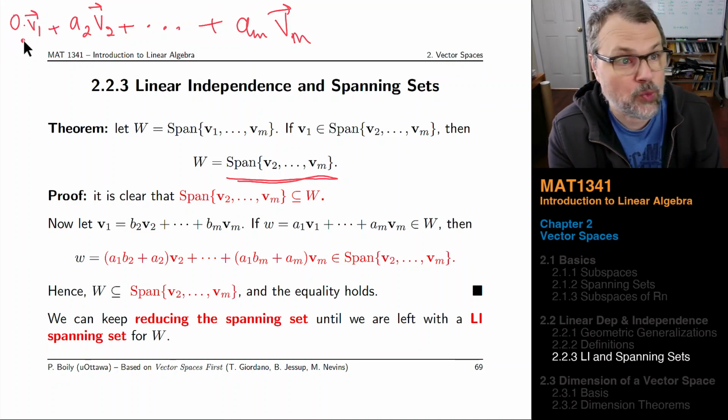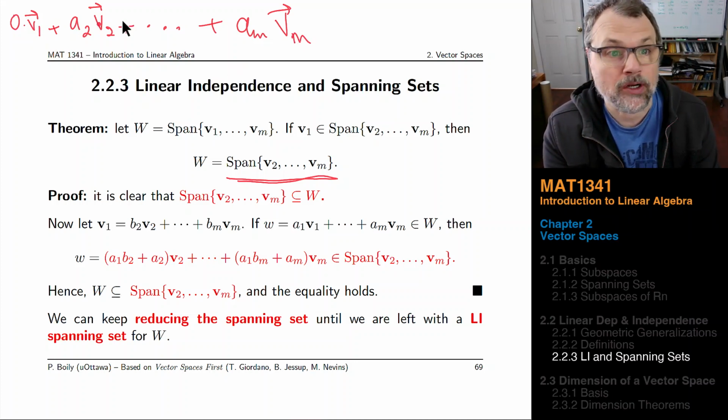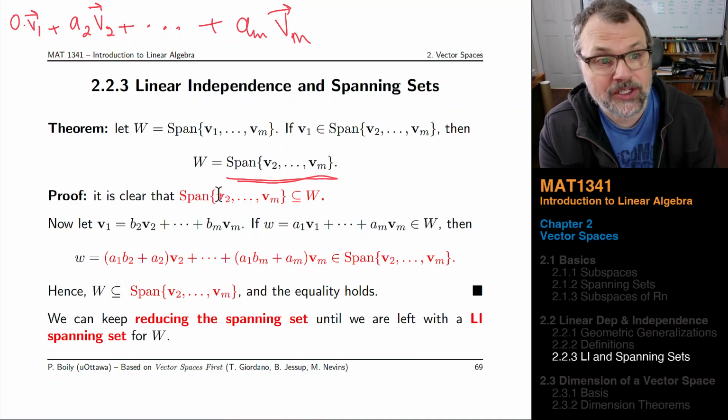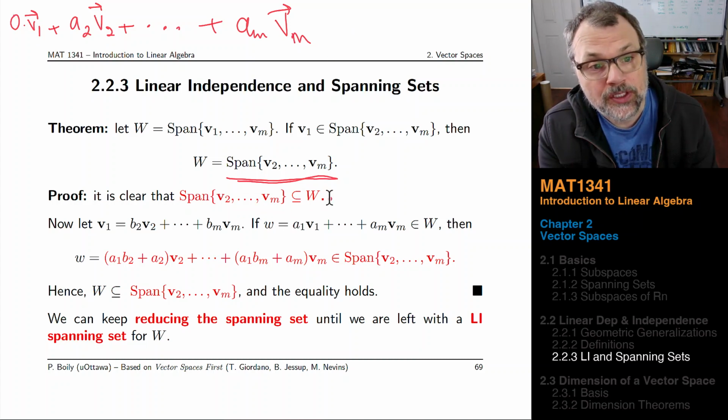And now we see that it's written as a linear combination of the vectors v1 to vm. So anything which is a linear combination of v2 to vm is in W because it's also a linear combination of v1, v2, all the way up to vm. So one of the inclusions is given.